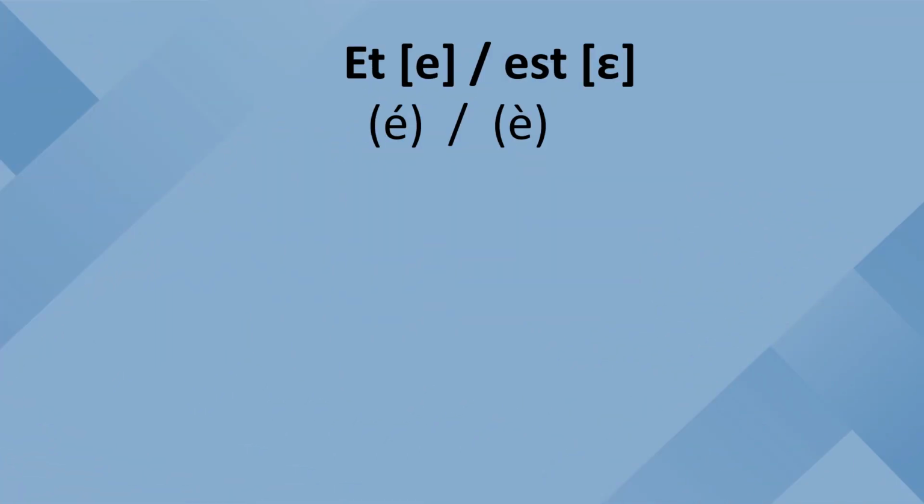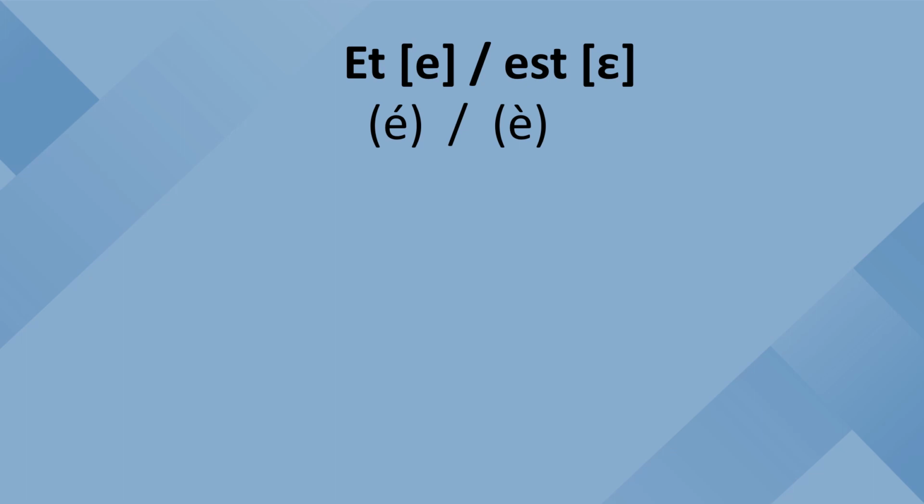Now, I would like to make a distinction between ET and EST. As you can see next to the word, I have some brackets, which show not the word, but the sound in phonetics.